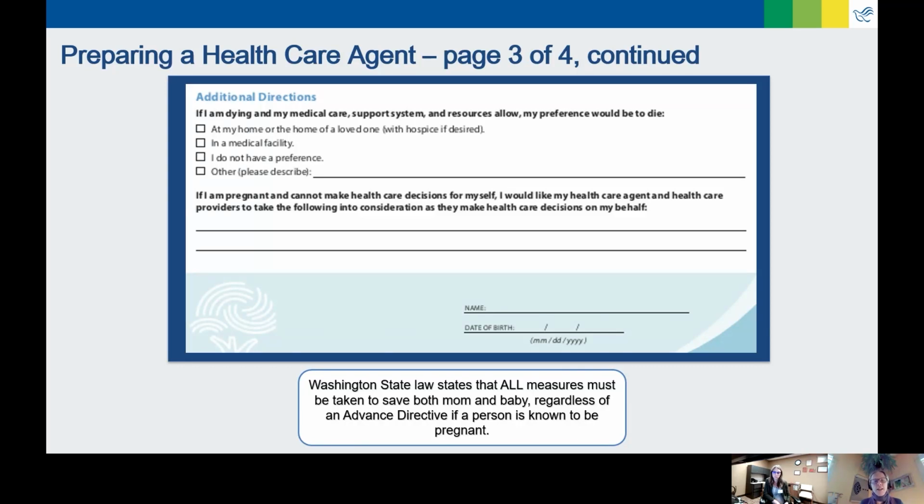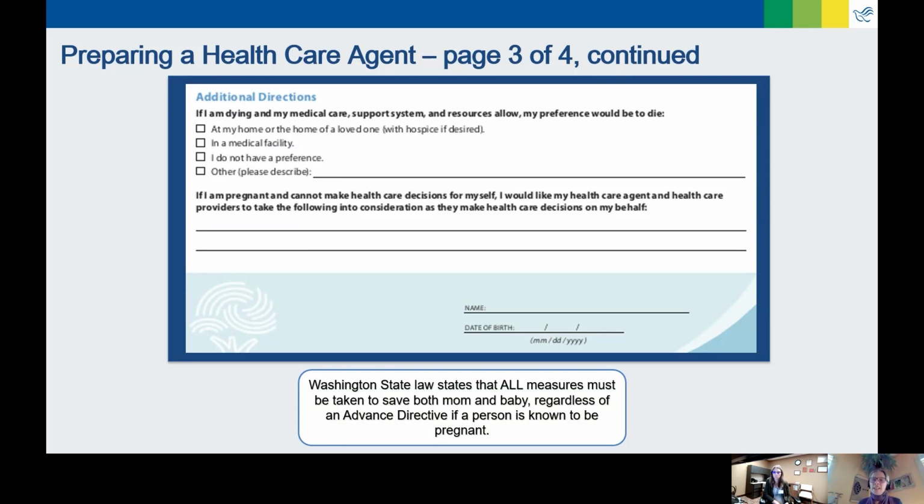So the next section may or may not apply to you, and that is that if you are pregnant or of childbearing years, and you have a major medical event and you have an advance directive, one thing to understand is that Washington state law states that all measures must be taken to save both mom and baby, regardless of what the advance directive says, if a person is known to be pregnant.